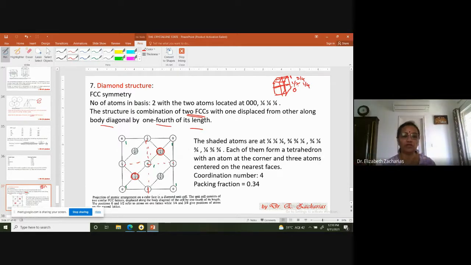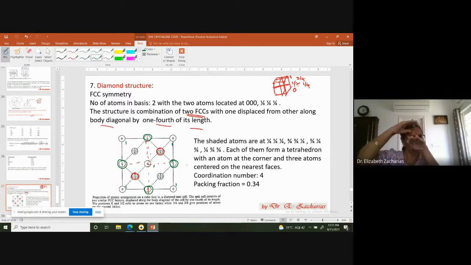The centers of the alternate cubes are occupied at a quarter and a quarter. Then go to the border of these 4 cubes at the bottom and 4 cubes at the top. Go to the borders and at half, you will be filling one more position.